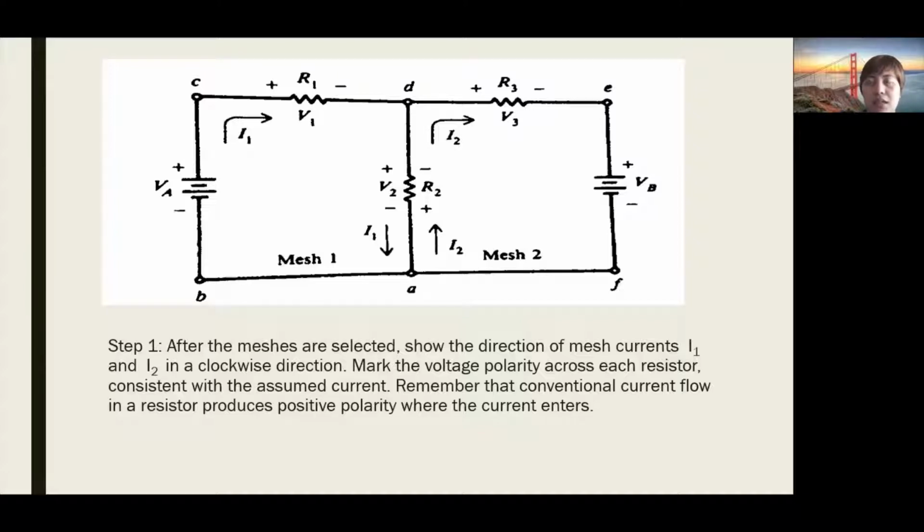Just like in KCL, all of the current entering the common point, node or junction, is positive, and all of the currents going out from it are negative. So again, conventional current flow in a resistor produces positive polarity where the current enters.